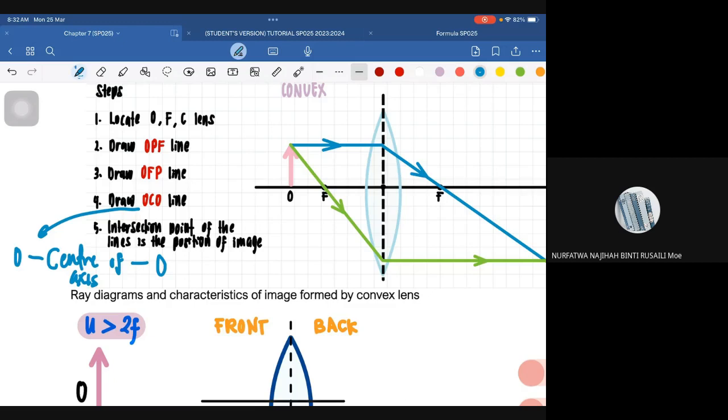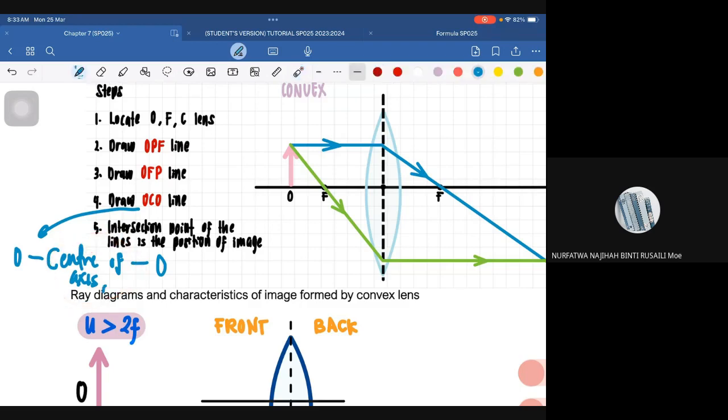Okay, actually this one lagi senang lah. Kalau C di sini bukan center of curvature. Okay, so I guess we're just gonna assume C di sini adalah center of axis lah. So bukan center of curvature. Sebab kalau based on our ray diagrams, kita tidak label center of curvature, we label center of axis.